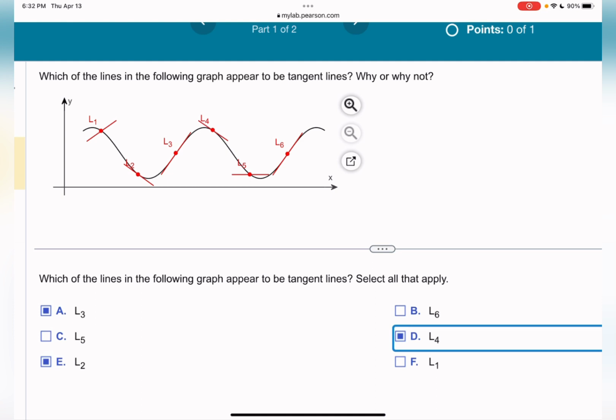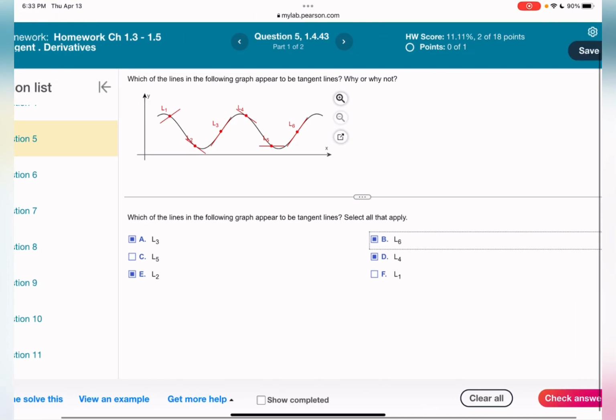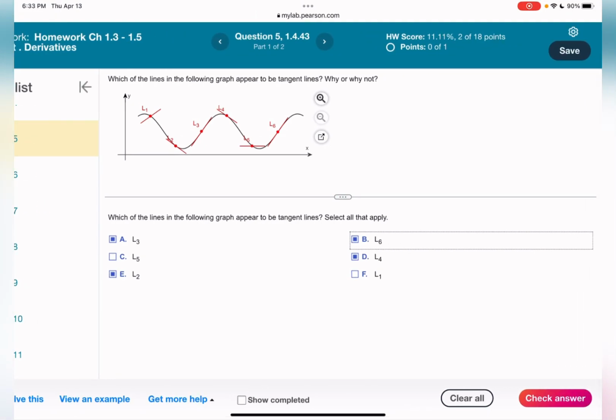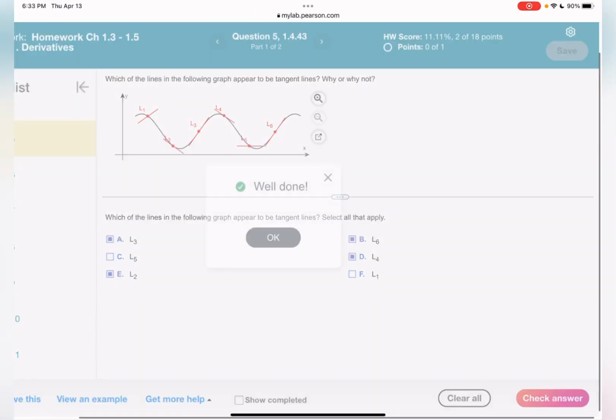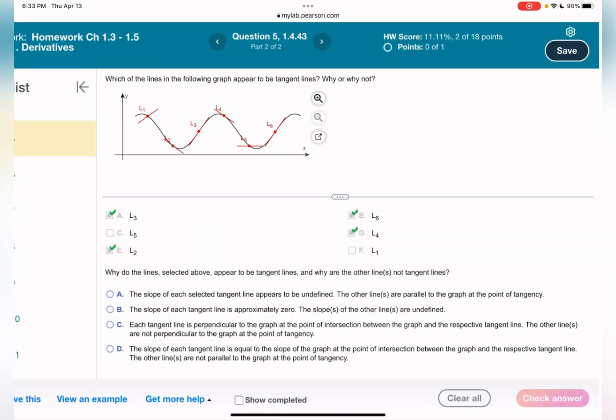Okay. L5 is not a tangent line. L6 is a tangent line. Checking. Well done. Next one. Oh, we have more.